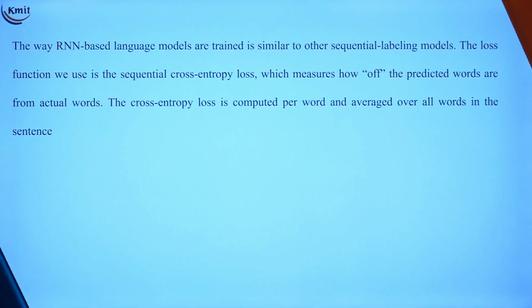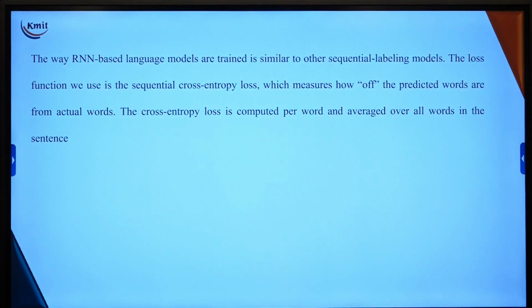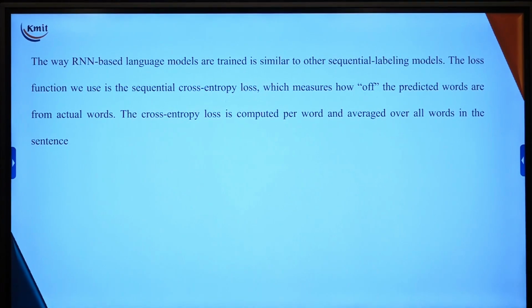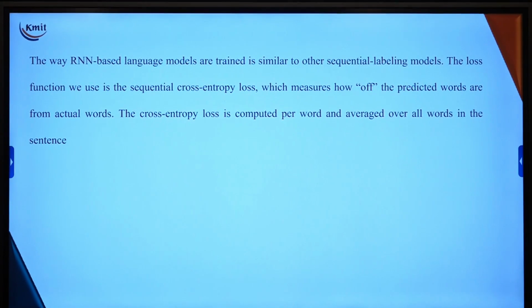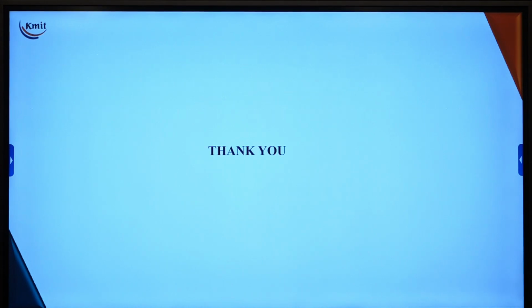The way RNN based language models are trained is similar to sequential labeling. There the loss function was sequential cross entropy, and here we use cross entropy loss, which is computed per word and averaged over all the words in the sentence.